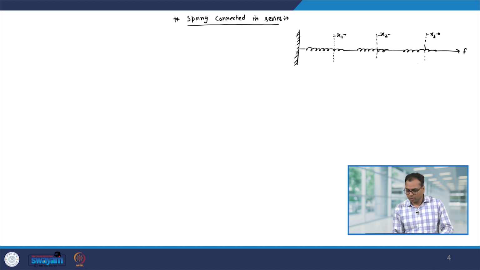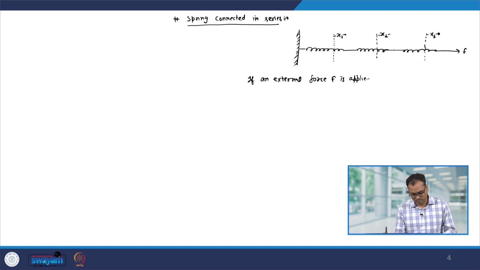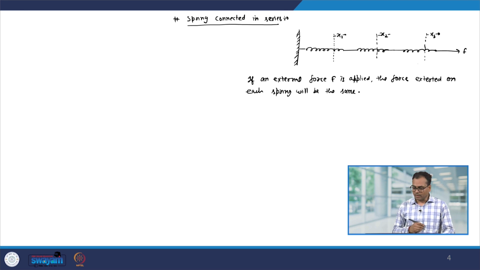So, as I said, if an external force F is applied, then the force exerted on each spring will be the same. Here the force F is acting, so that F will give you an extension.